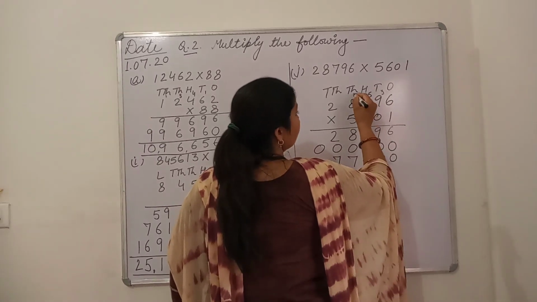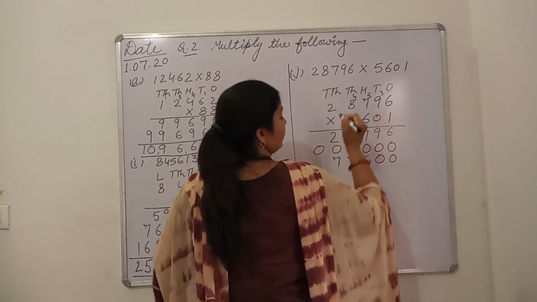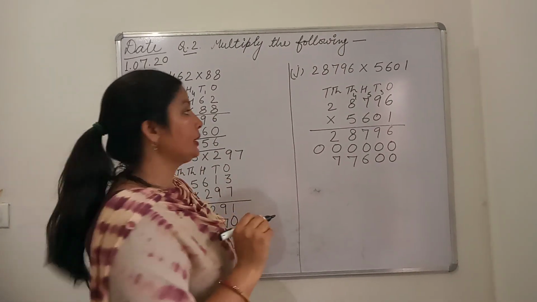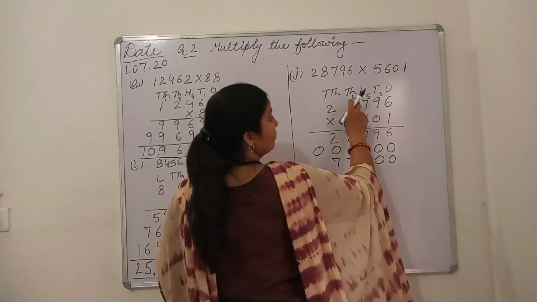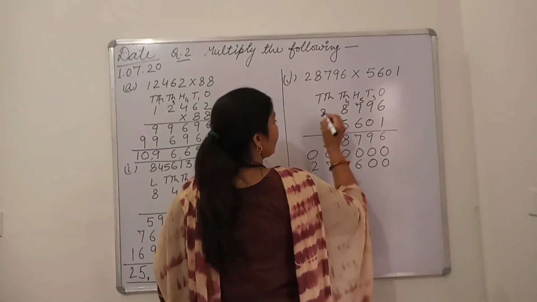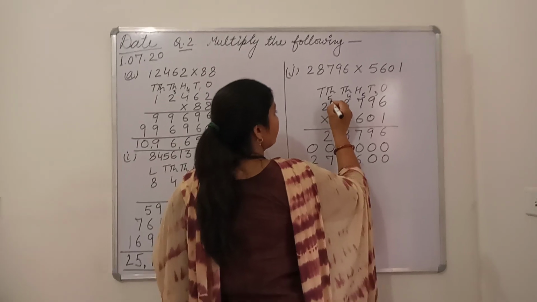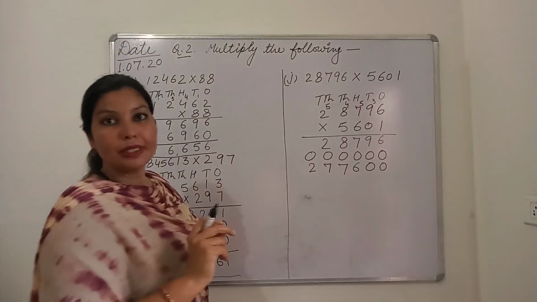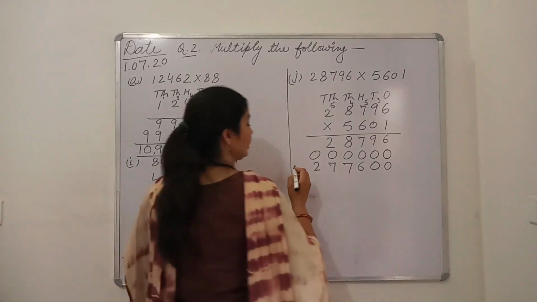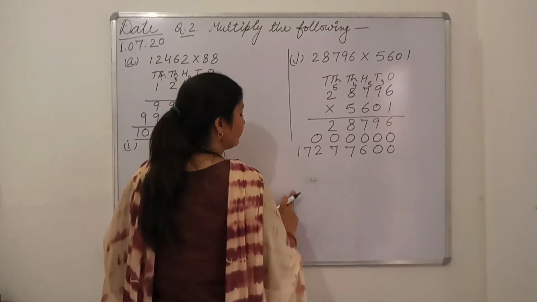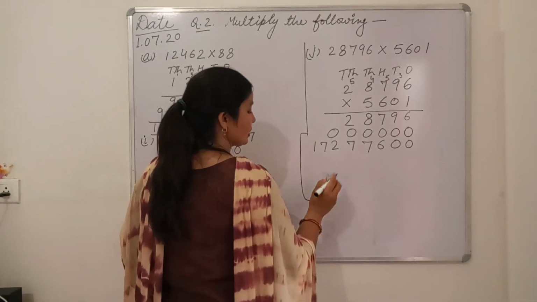Okay, 4 goes carry. Now 6 8s are 48. 48 plus 4, 52. 5 goes carry. Now 6 2s are 12. 12 plus 5, 17.